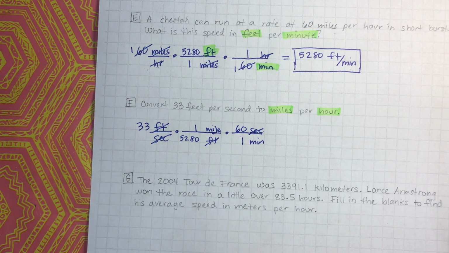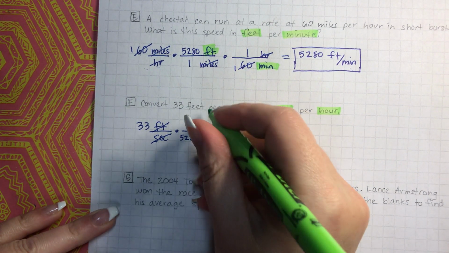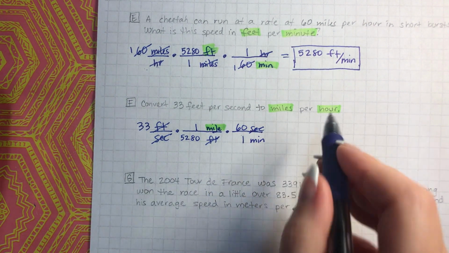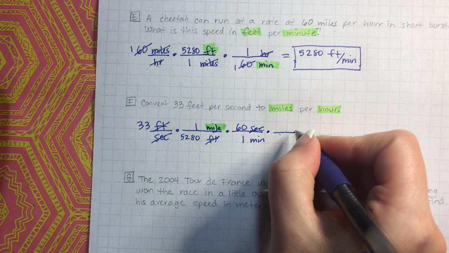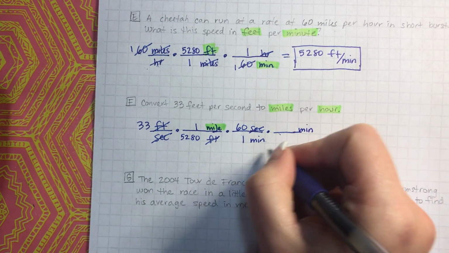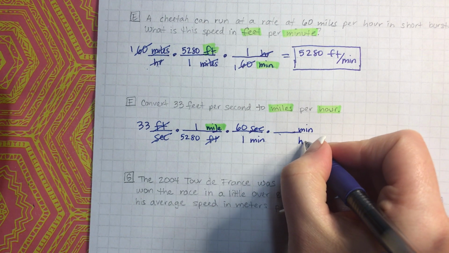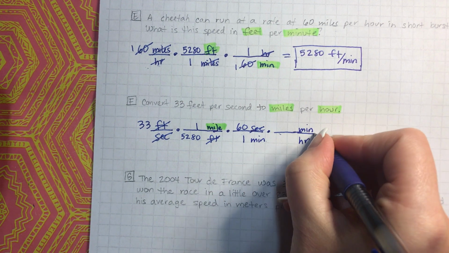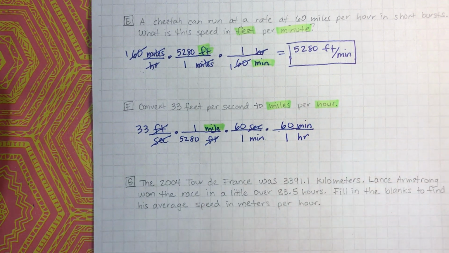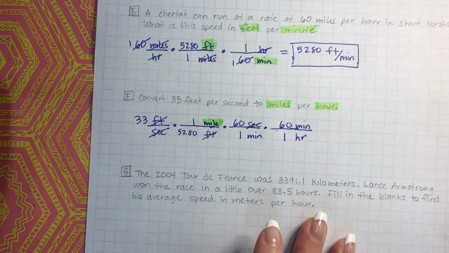We need the minutes to hours. So we're going to have the minutes go diagonal so that they'll cancel each other out, and hours is going to go on the bottom. And we know that there's 60 minutes in 1 hour. Okay, great.